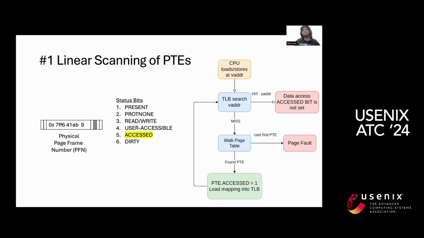The translation is searched for in the TLB, and if it is not found there, a page table walk ensues. During the course of this page table walk, the page table entry is accessed by a hardware page table walker. The page frame number is read to get the required physical address. When this is done, the page table walker updates the accessed bit in the entry to 1.